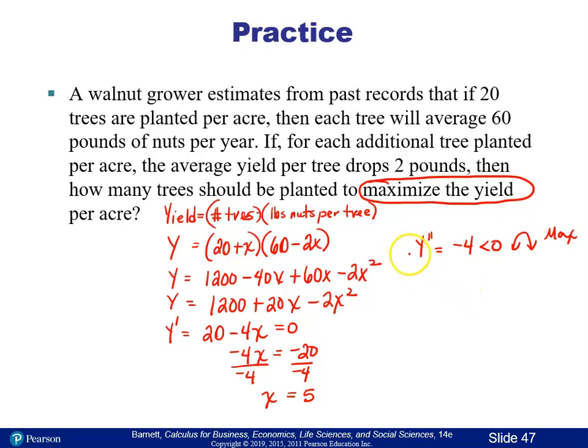And if we want the maximum yield, we plug 5 into this. If I plug 5 in here, that's going to be 25. And if I plug 5 in here, 60 minus 10 would be 50.